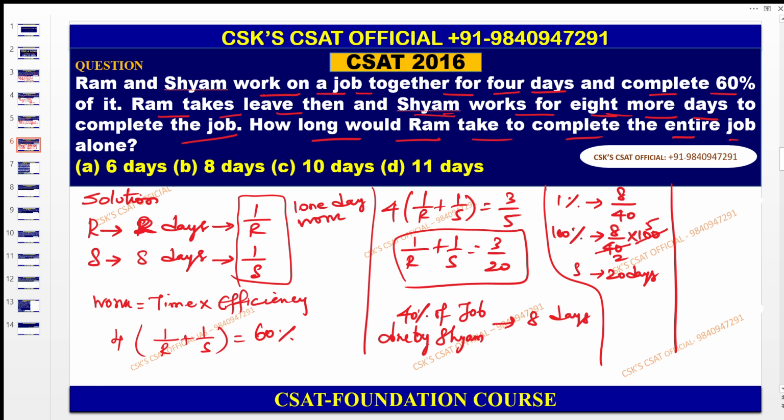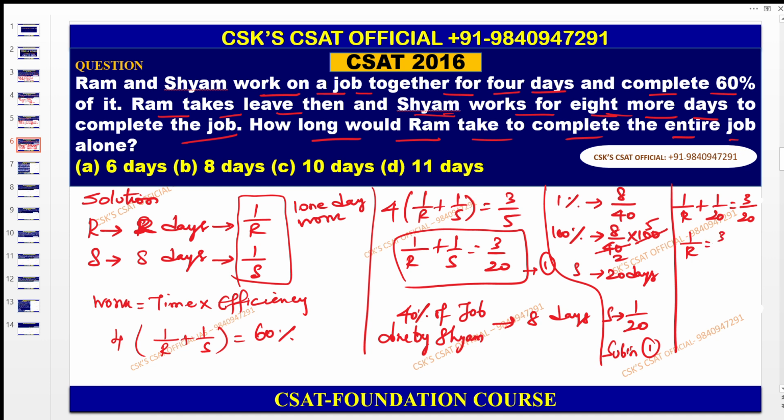So the 1 day job for Shyam is nothing but 1 by 20. Substitute in the equation number 1. If you want, let me write here. Substitute in 1 and rearrange.